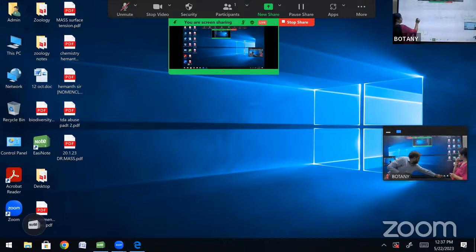In the phylloclade, the best example is Opuntia. So here, what we have to say about this Opuntia?